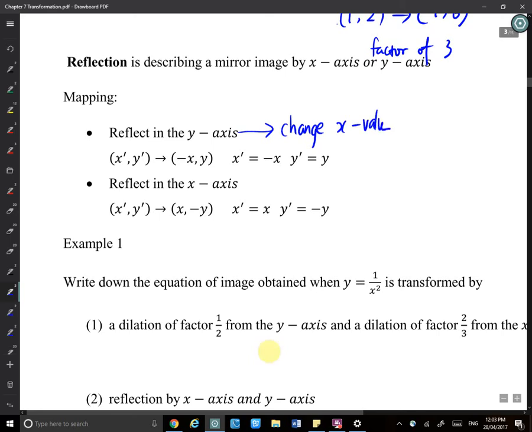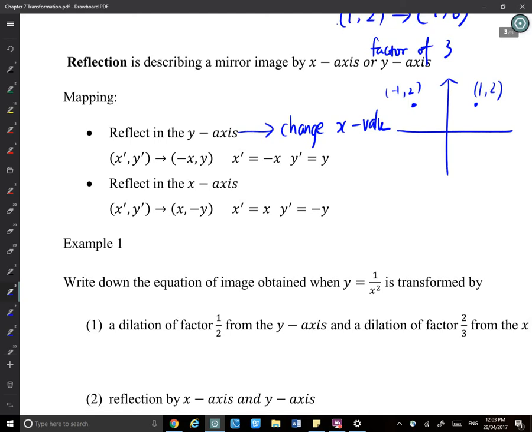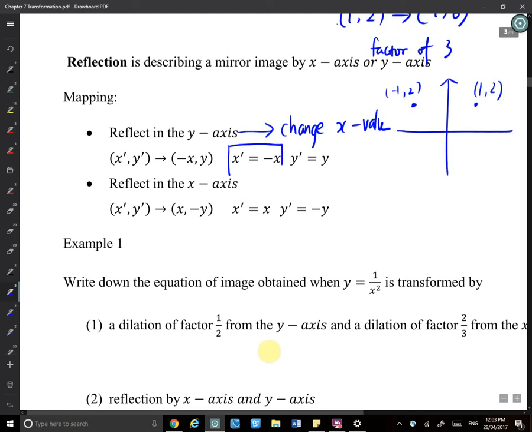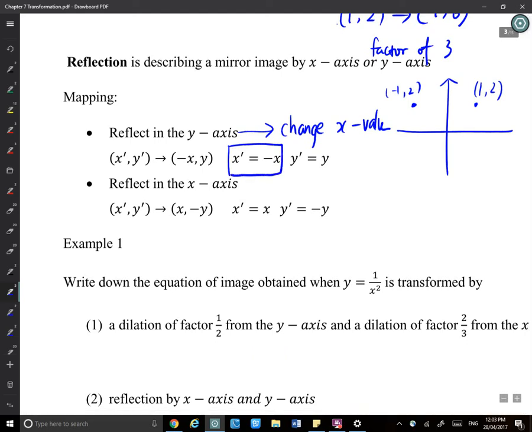Let's say we have a point (1, 2), and reflect in the y-axis, you have (-1, 2). It's changing the x values. So what you can write for this reflection is x dash equals minus x. So your new x equals the negative of the old x.